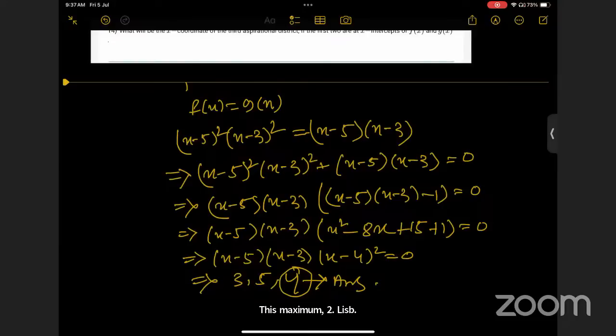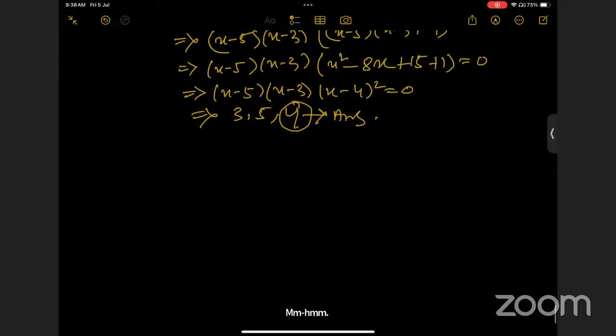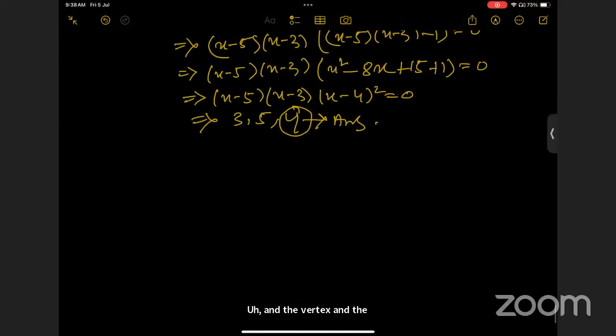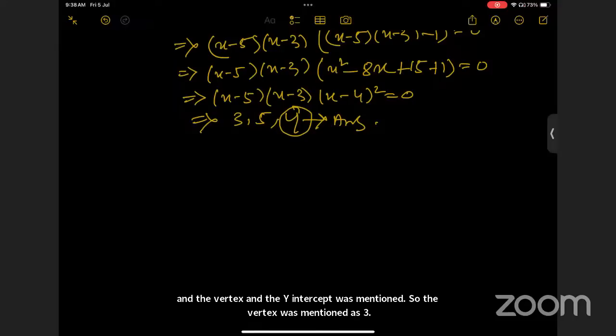I just have a basic doubt, ma'am. Not a particular question as such. There was a question in which the graph of a parabola was drawn, and the vertex and the y-intercept were mentioned. The vertex was given as 3, and it was an upward parabola opening towards the positive y-axis.